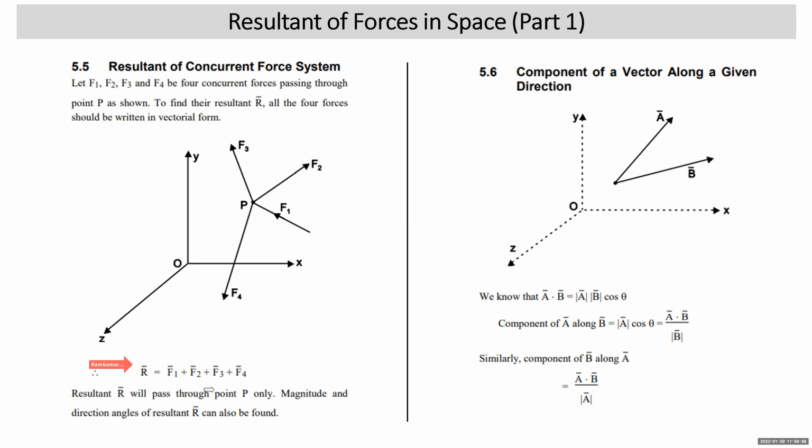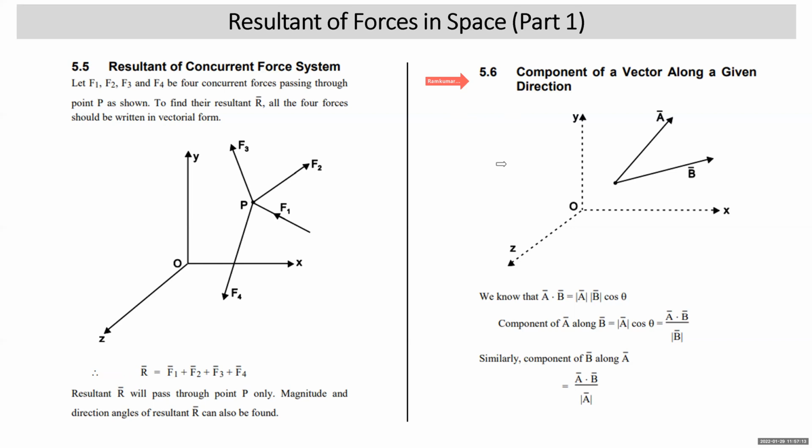So that way the resultant is arrived at. So this way, i, j, k coefficients of all the forces will be added up. So whatever resultant you get in vectorial form, its i coefficient will be X component of the resultant. j coefficient will be Y component of the resultant. k coefficient will be Z component of the resultant. Then magnitude and direction of the resultant force can be arrived at.